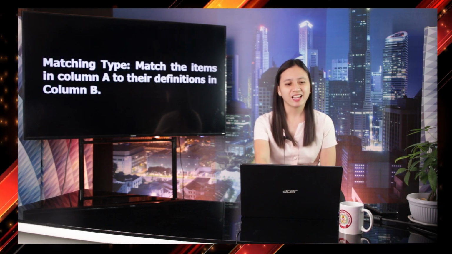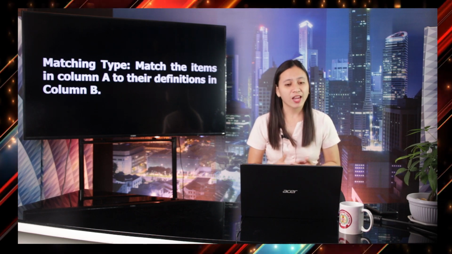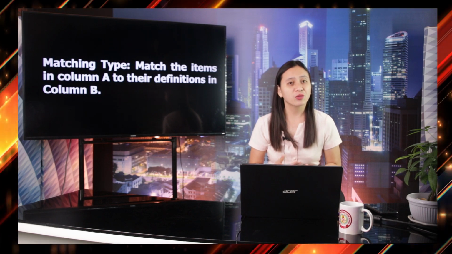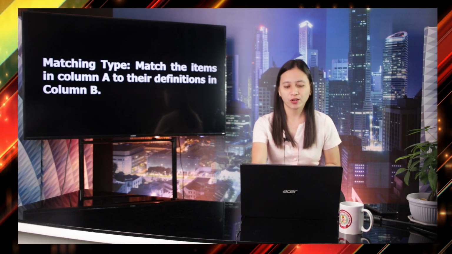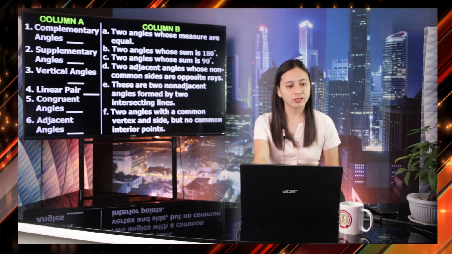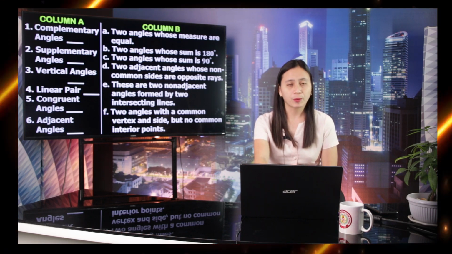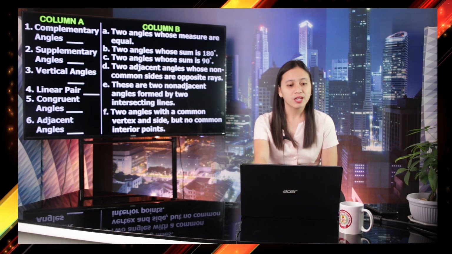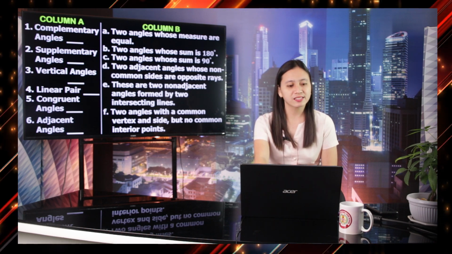Okay, so let us practice. This time, I want you to match the items in column A to their definitions in column B. In column A, we have number 1, complementary angles. Number 2, supplementary angles.